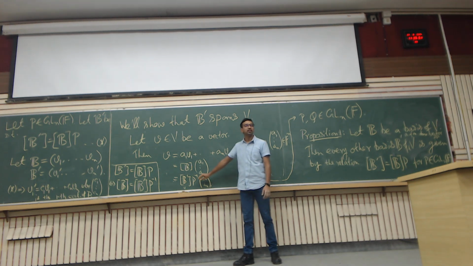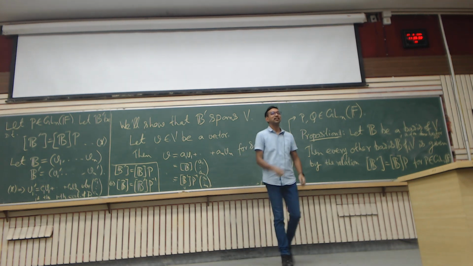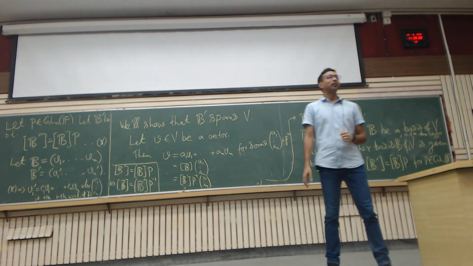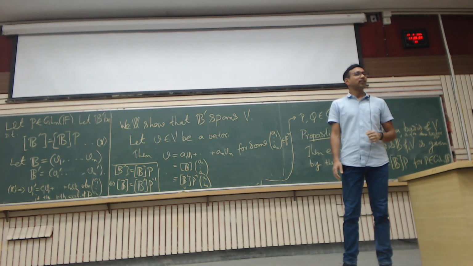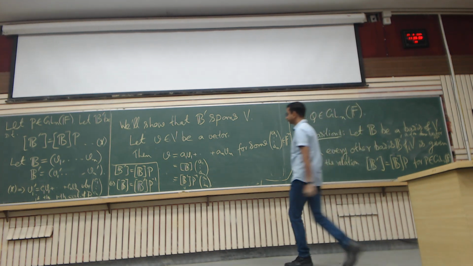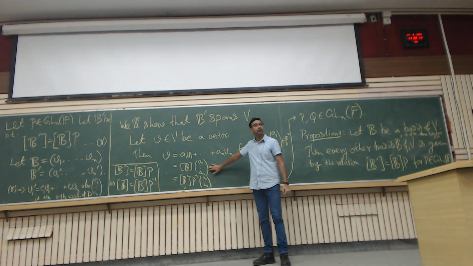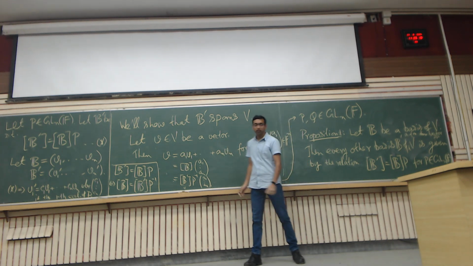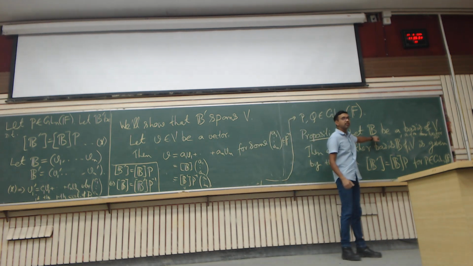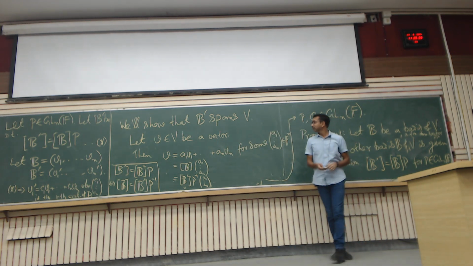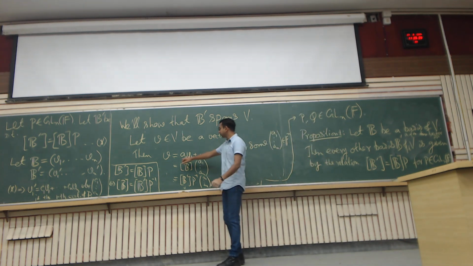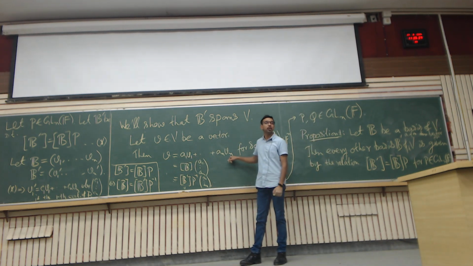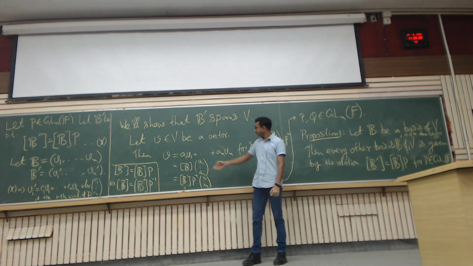Ganesh, it's not? Okay, where are you stuck? Here. Okay. So we have an arbitrary vector v in V, and you know that B is a basis of it, it's given. That means the arbitrary vector v is expressible as a linear combination of your basis vectors v1 to vn.